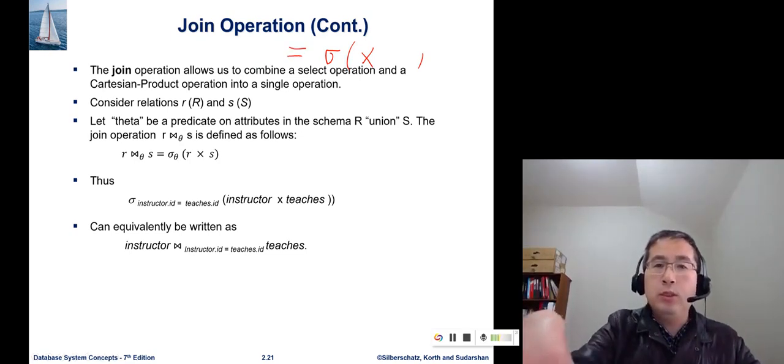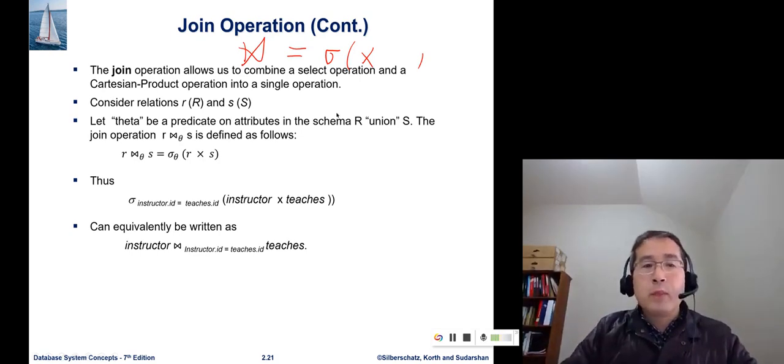Now, if we consider two relations R and S, this means we have a relational schema R and a relational schema S, and then we have a table. This is the instance of R, and this is the instance of S. We populate the two tables with data.